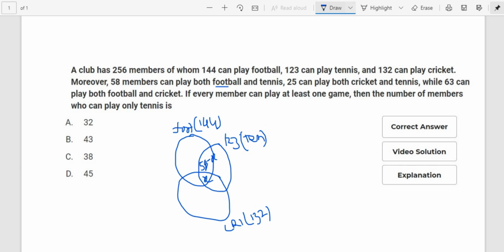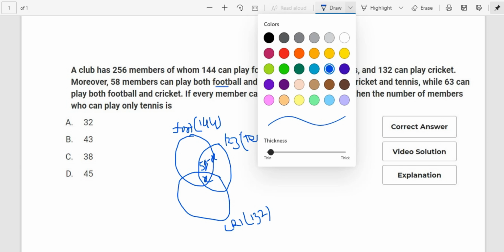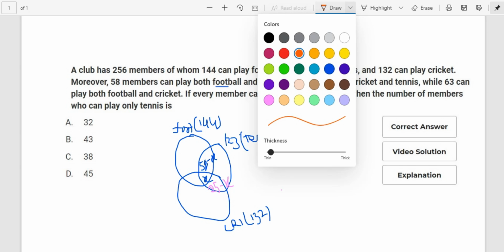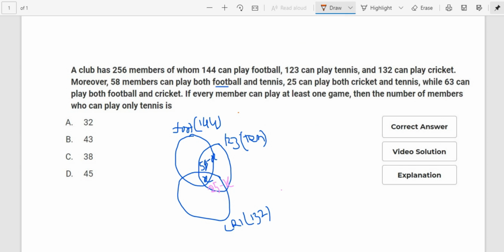This part is 25 minus X. And now moving to the other part, 63 can play football and cricket, this part is 63 minus X, isn't it?